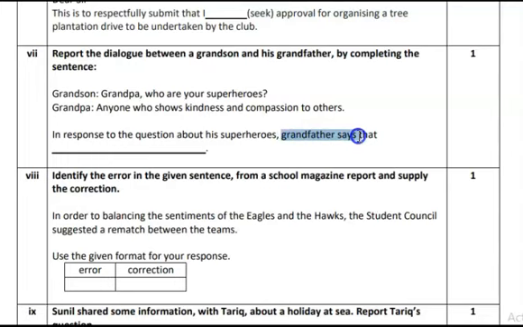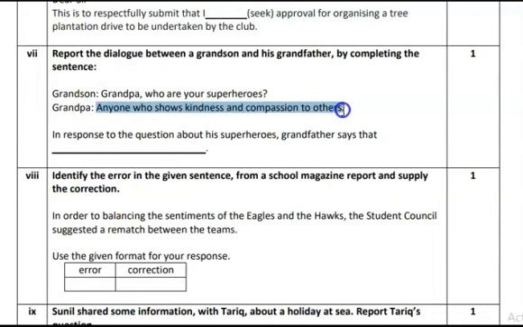This part that I have highlighted is called the reporting verb in direct and indirect speech. You must have studied in your school, and your teachers must have taught, that when the reporting verb is in present tense or in future tense, then the tense of the reported speech, which begins from here, will remain unchanged. And here you can see the statement made by grandpa is in present tense.